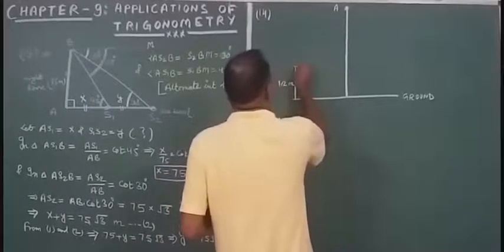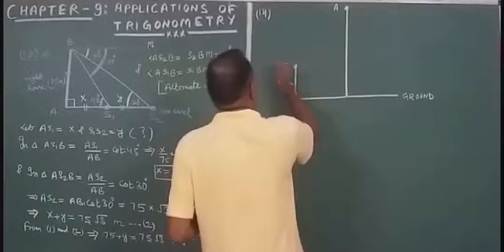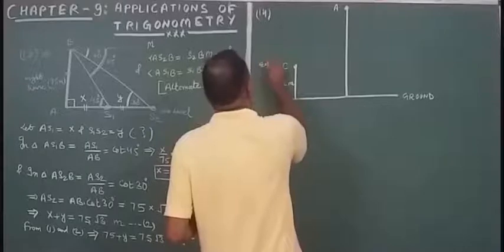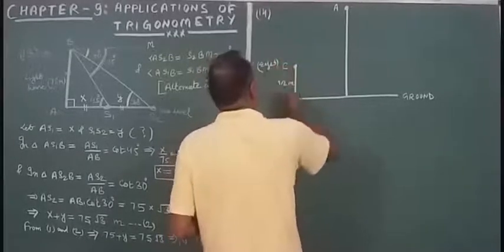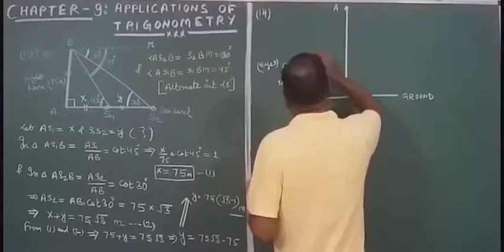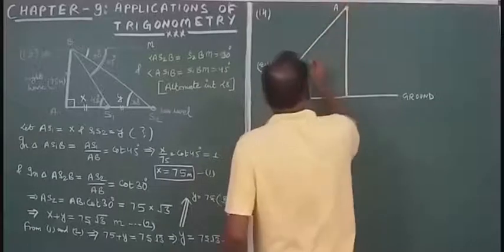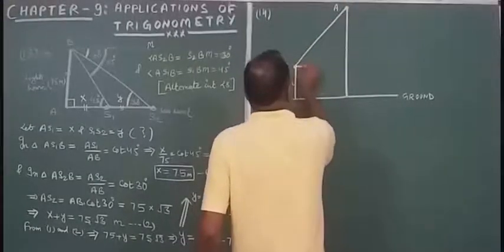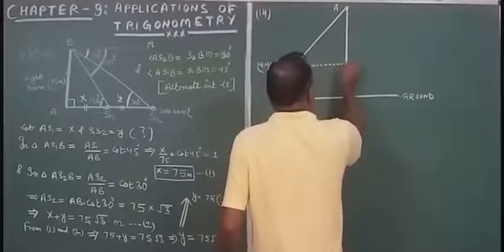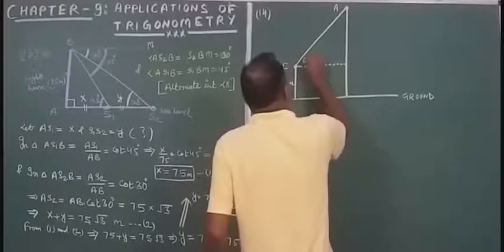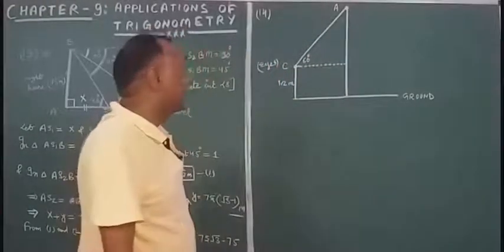The angle of elevation from the eyes of the girl is 60 degree. This is the eye of the girl. Let this C point is the eye of the girl. The angle of elevation is 60 degree. So this 60 degree will be measured from this straight line.